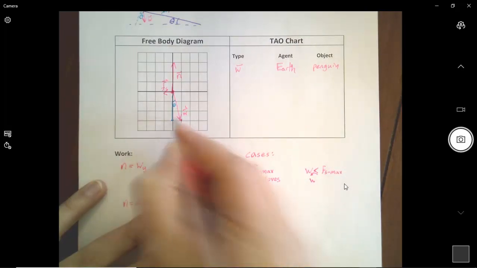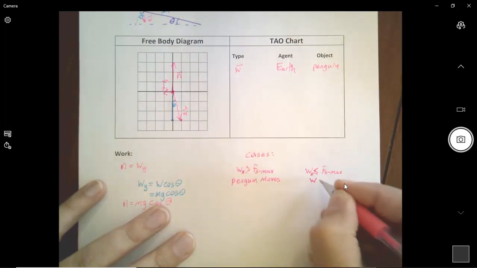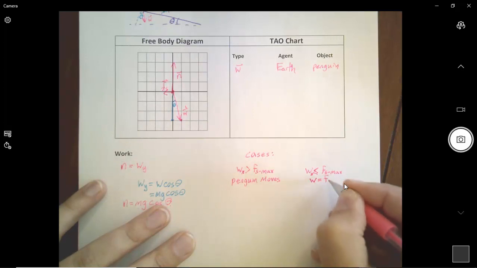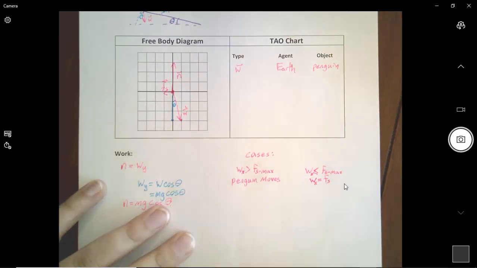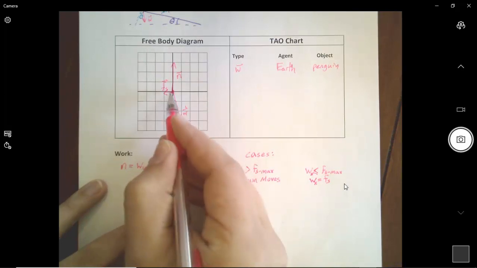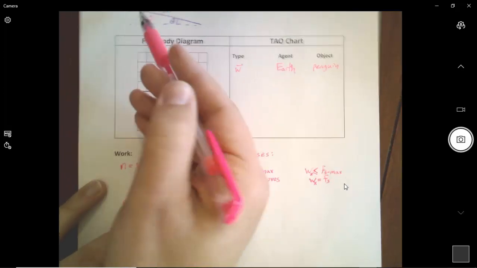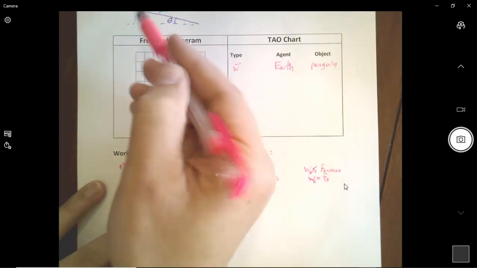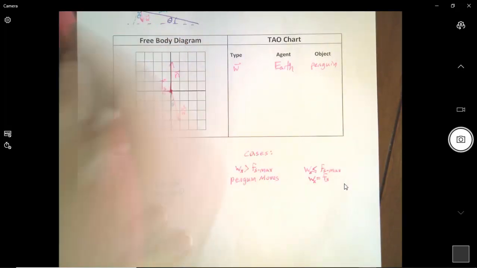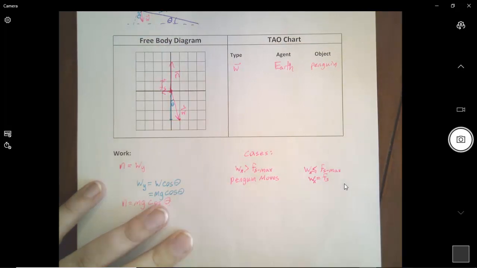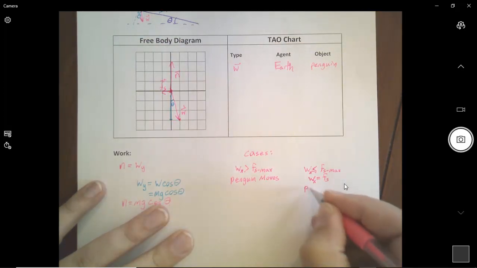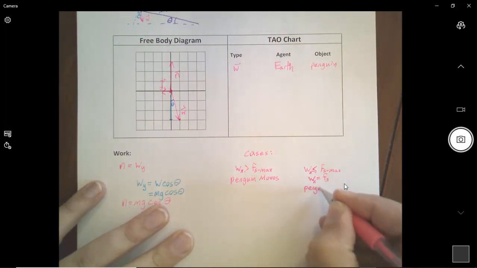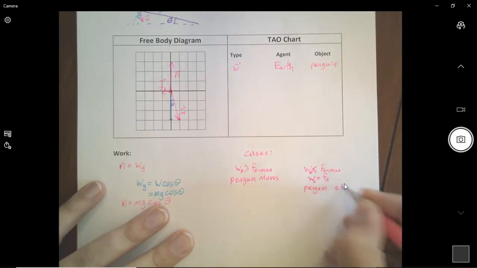Only the horizontal part, which means that the x component of W is going to be exactly equal to the static friction. Because if static friction is bigger, then the penguin would be sliding uphill because of the static friction, and it doesn't make sense for friction to make the penguin slide uphill. And in that case, the penguin is stuck.